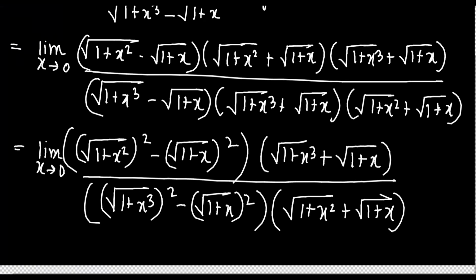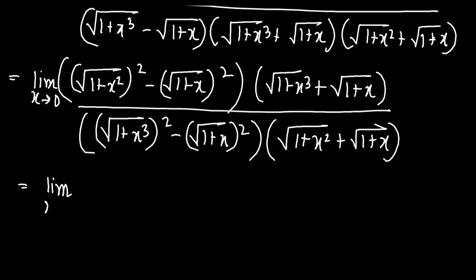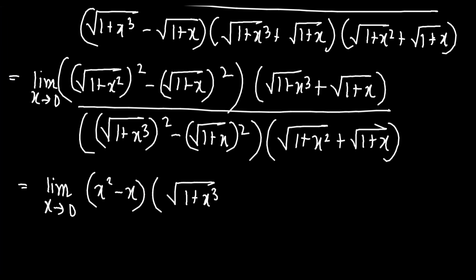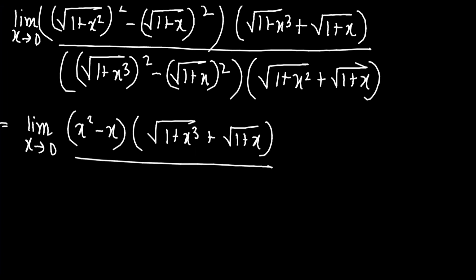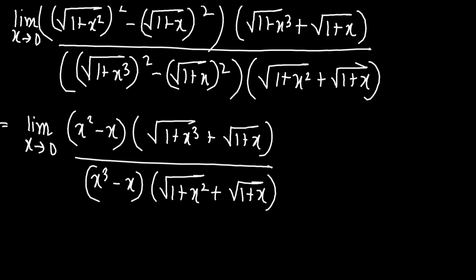Okay, so this will be limit x tends to 0, x square minus x. If we simplify this part, we will get x square minus x into root over 1 plus x cube plus root over 1 plus x, and in the denominator, if we solve this one, we will get x cube minus x into root over 1 plus x square plus root over 1 plus x.